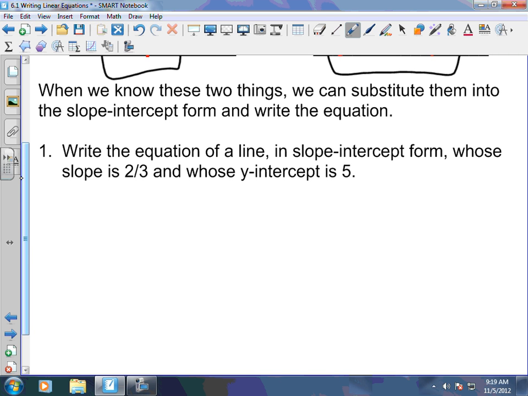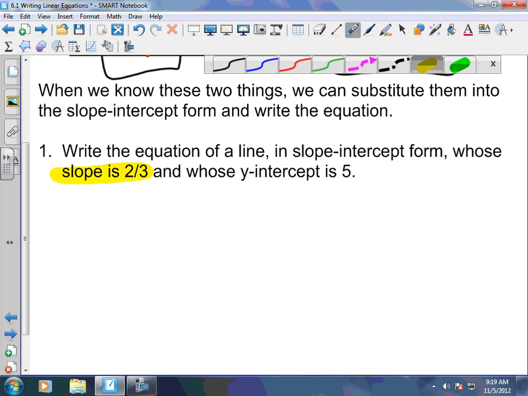When we know the slope and the y-intercept, you can substitute them into the slope-intercept form and write the equation. So, write the equation of a line in slope-intercept form whose slope is 2/3. I'm going to highlight that. Slope is 2/3. And whose y-intercept is 5.